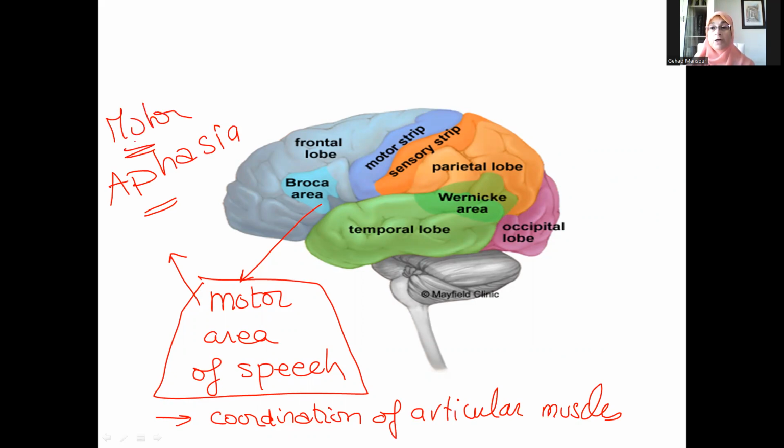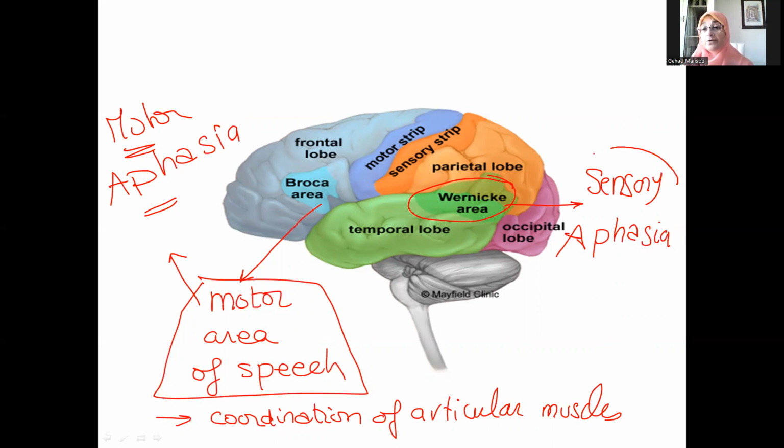In motor aphasia, you understand very well, you can form ideas very well, but you have difficulty in articulating speech. On the other hand, Wernicke's area that lies midway between the parietal lobe and the temporal lobe is responsible for sensory speech, and therefore if it's injured, you would have sensory aphasia, meaning that you would have difficulty synthesizing ideas of speech.